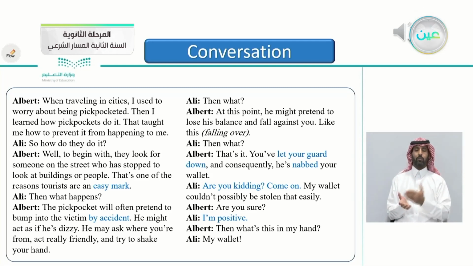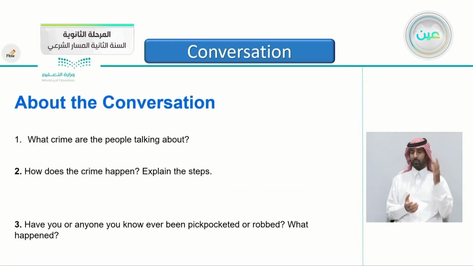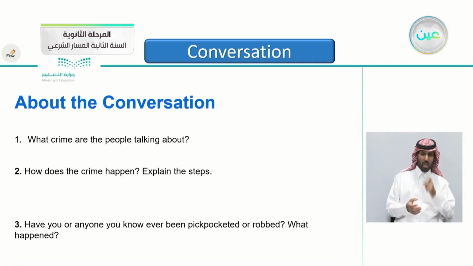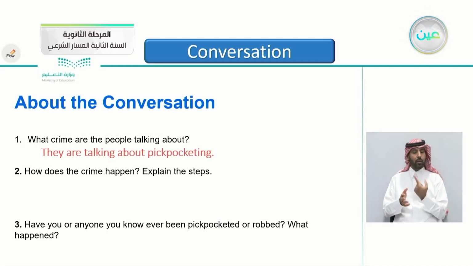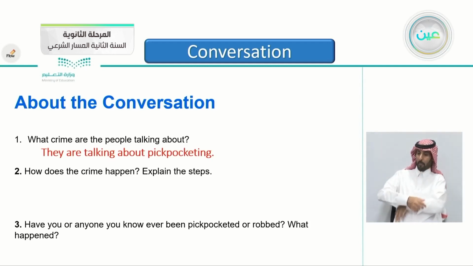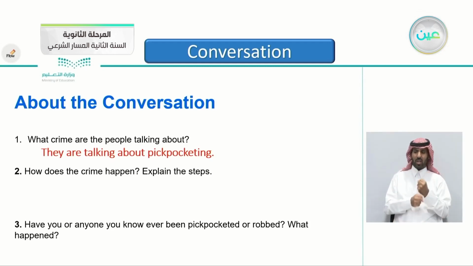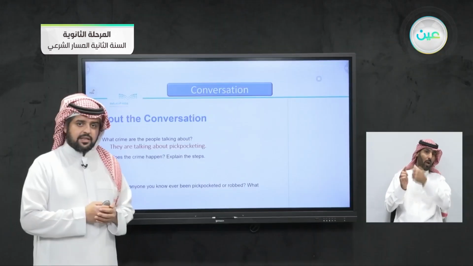So now that we have listened again, what crime are the people talking about? Ali and his friend, what are they talking about? Yes, they're talking about pickpocketing. How does the crime happen? Explain the steps.